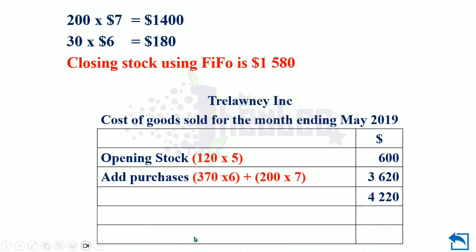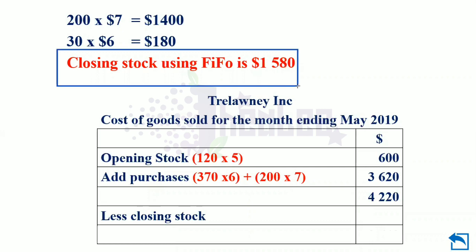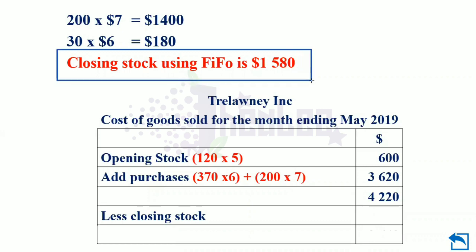And from the cost of goods available for sale, when we deduct our closing inventory, which we have calculated earlier, where we determined that the closing stock using the first in first out method is $1,580, there's no need for us to calculate that again.